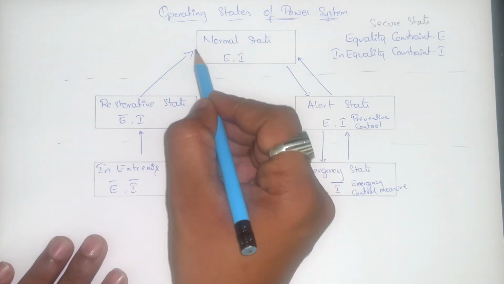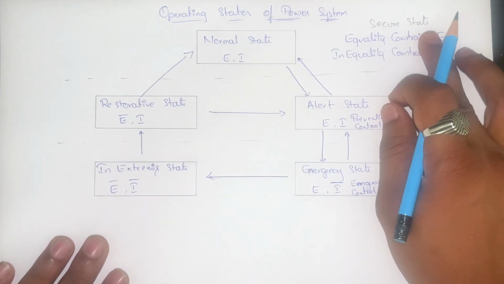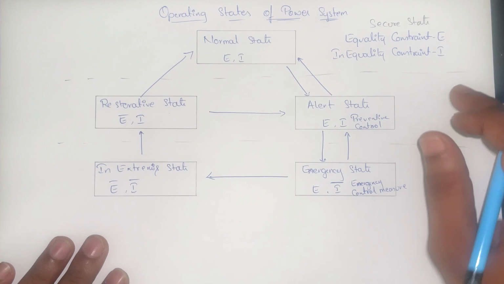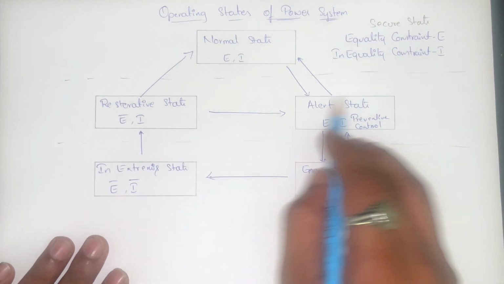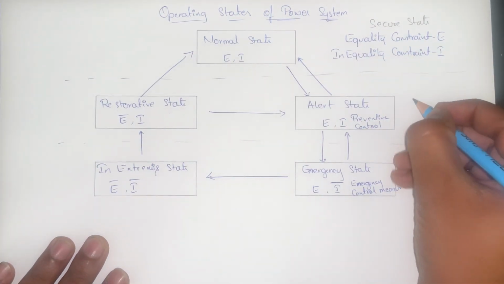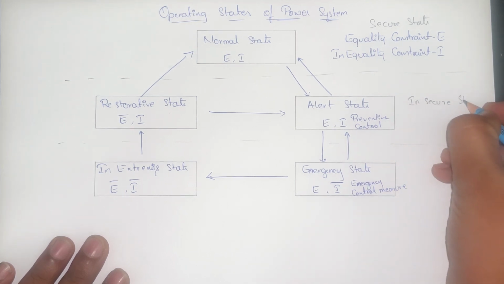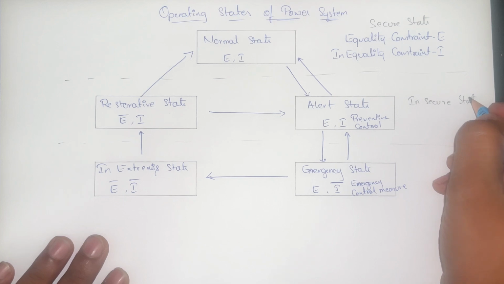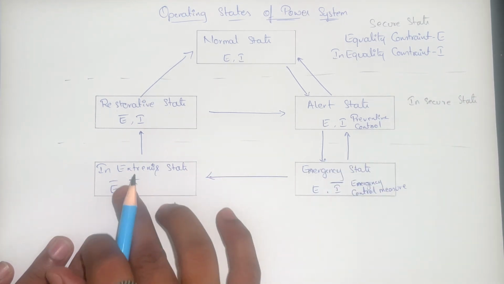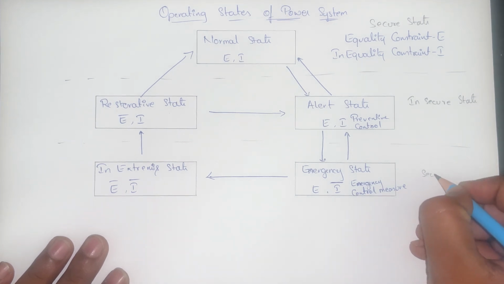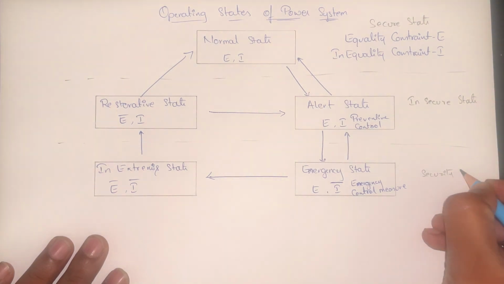Here, when we discussed the normal state, we mentioned it as a secure state, and we have two more lines to discuss. Here comes the restorative state or the alert state, and this is an insecure one. This is an insecure state, and here in the in extremis state or the emergency state, security has been lost.